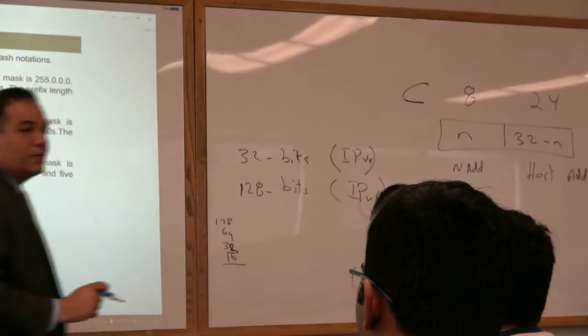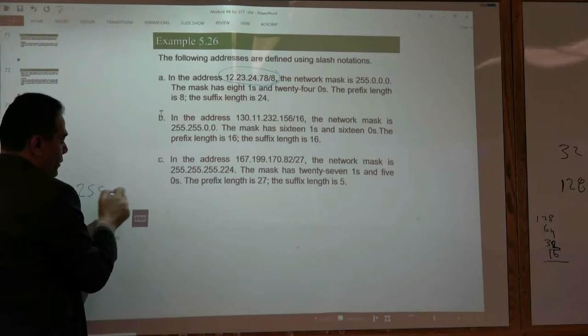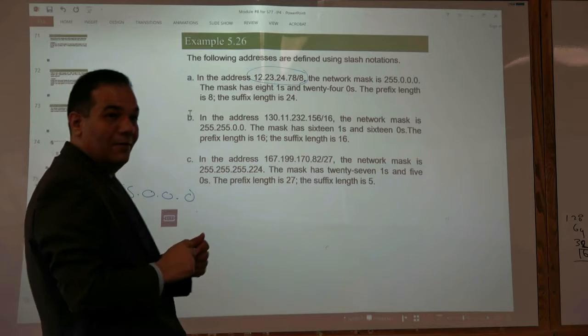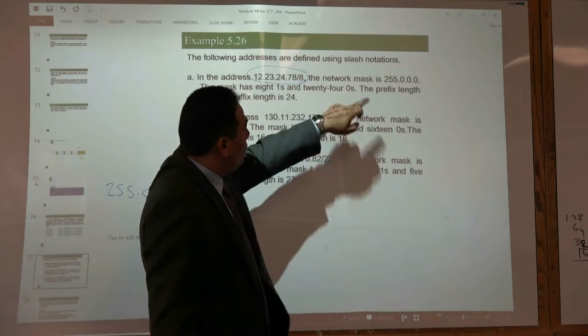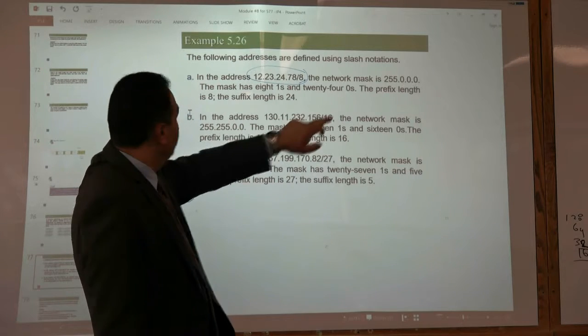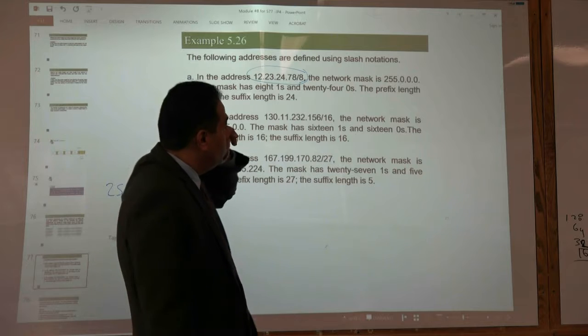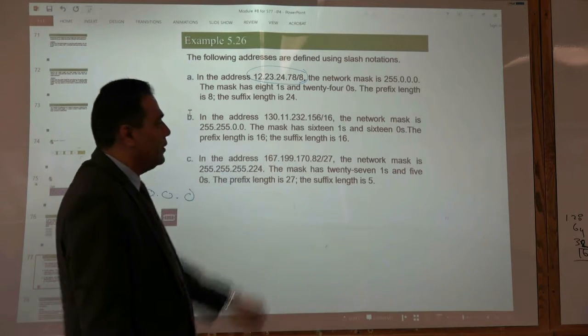So what's the network mask in here? 255.0.0.0. Right? So the network mask is 255.0.0.0. The mask has 8 ones and 24 zeros. The prefix length is 8. The suffix length is 24.